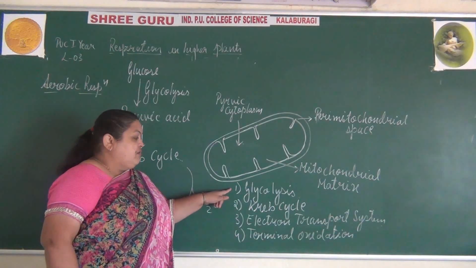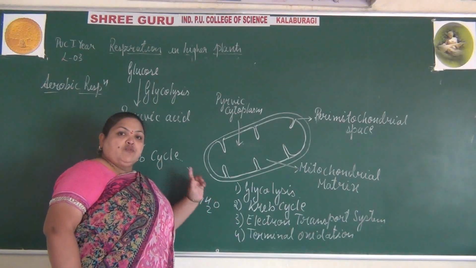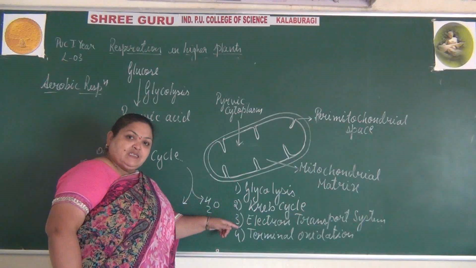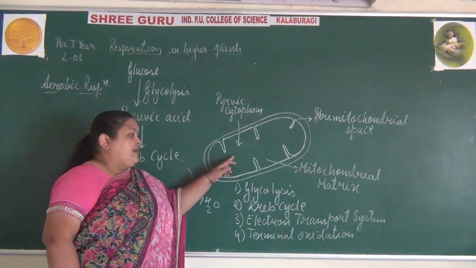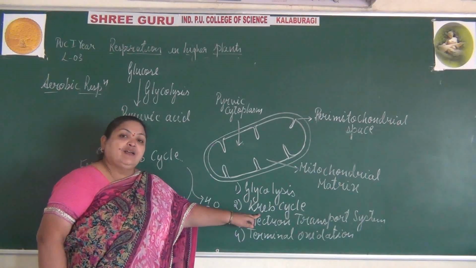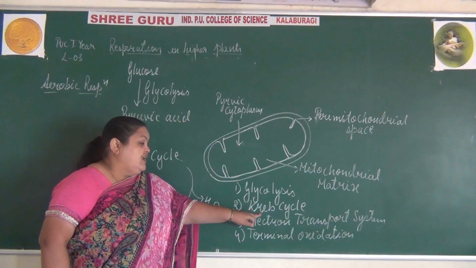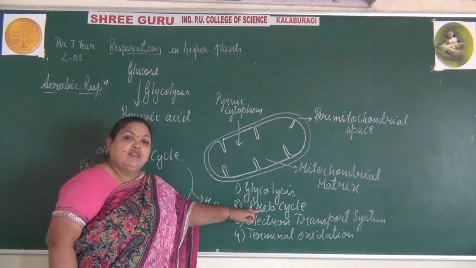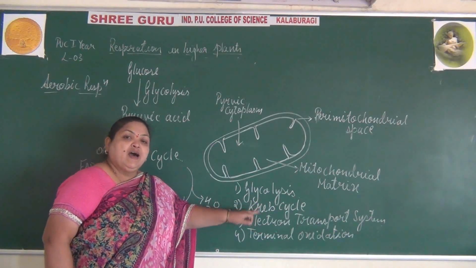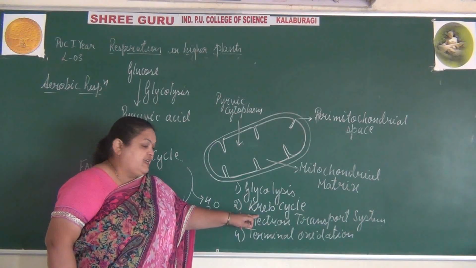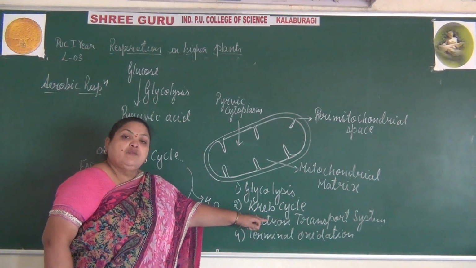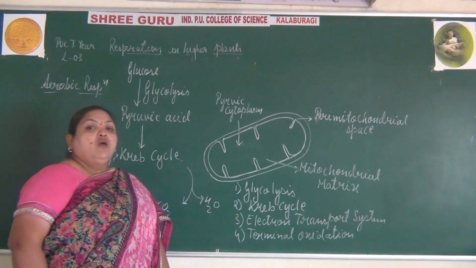Glycolysis is conversion of glucose into pyruvic acid, then the pyruvic acid enters into the mitochondrial matrix. In the matrix, the Krebs cycle occurs. Then the NADH and FADH that are released by the Krebs cycle are used in the transport of electrons, which helps to release the water.